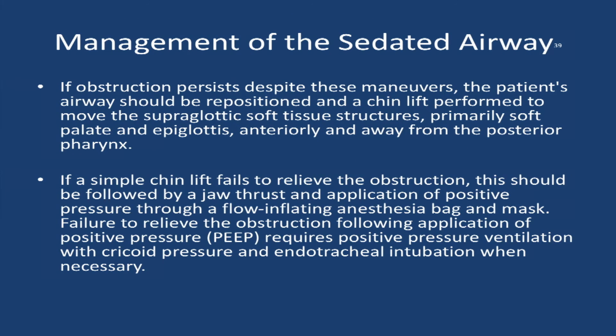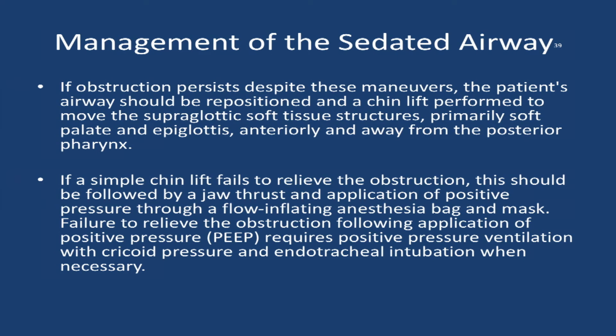If obstruction persists despite these maneuvers, the patient's airway should be repositioned and a chin lift performed to move the supraglottic soft tissue structures, primarily the soft palate and epiglottis, anteriorly and away from the posterior pharynx.